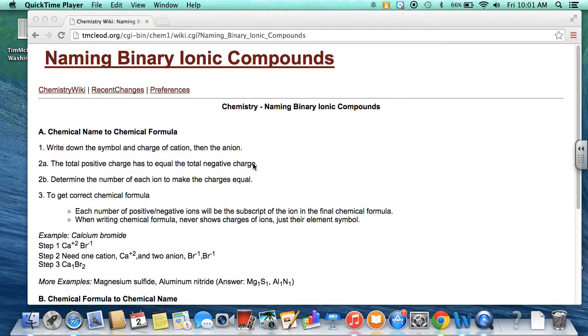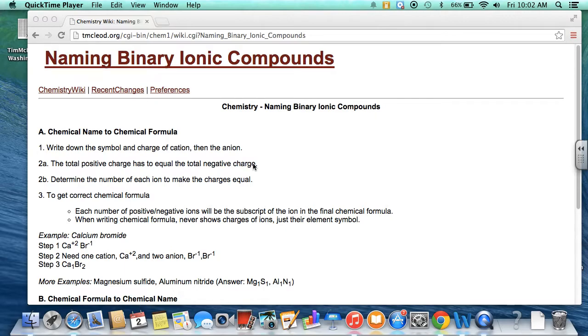And what that means is that the subscript is the number of cations that you need to put together so that the total positive charge, meaning the total number of electrons lost by the cations, is gained by the anions.